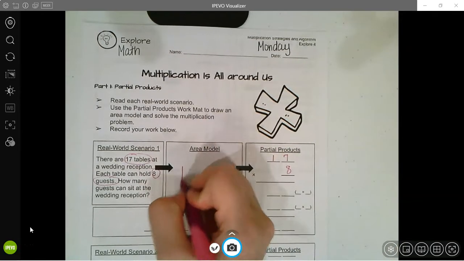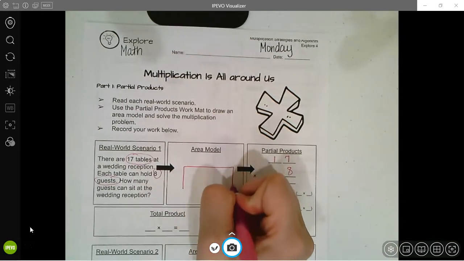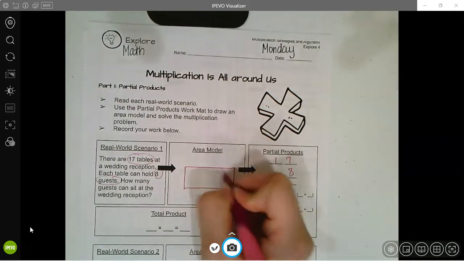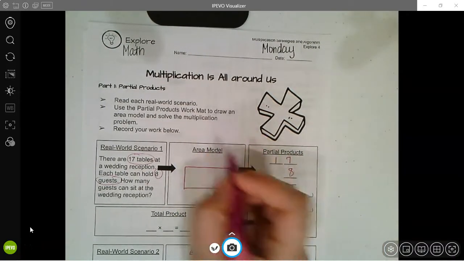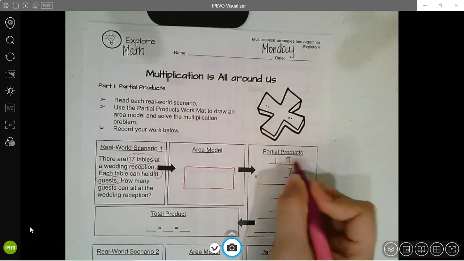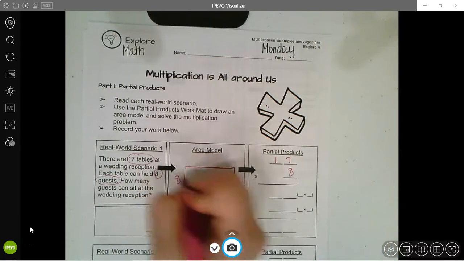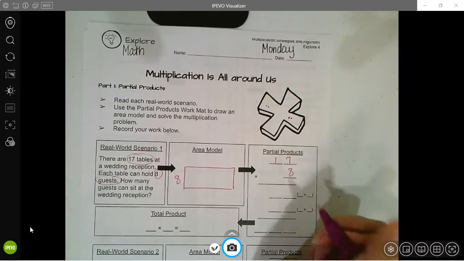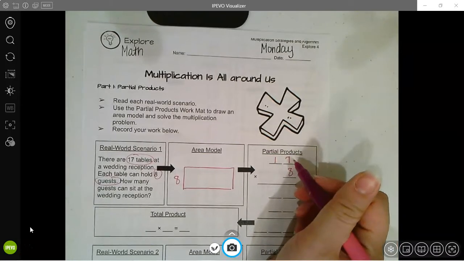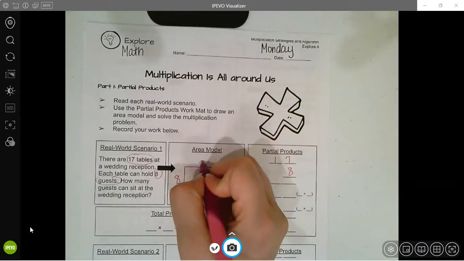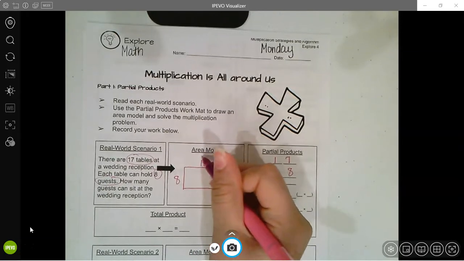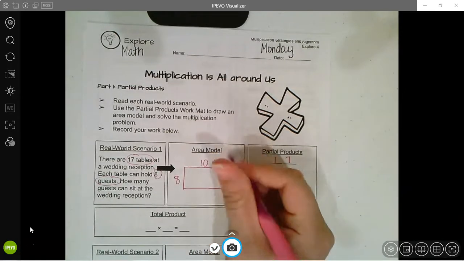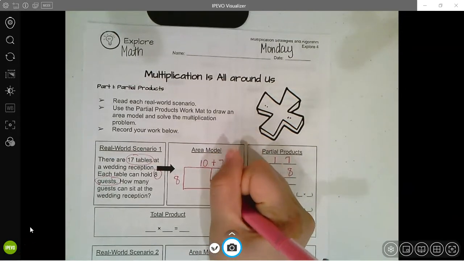So instead of doing my tens and ones, we're going to do our area model. We're going to have 8 guests at each table. We have 17 tables, so I know 17 can be broken apart into 10 plus 7. So I have 1 ten and 7 ones to make the number 17.